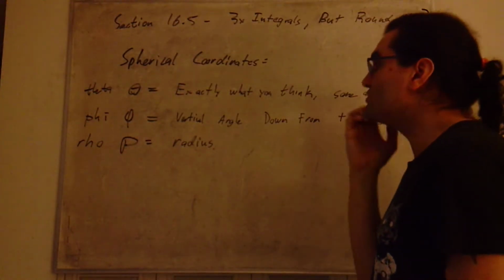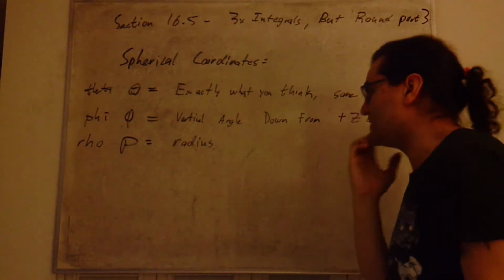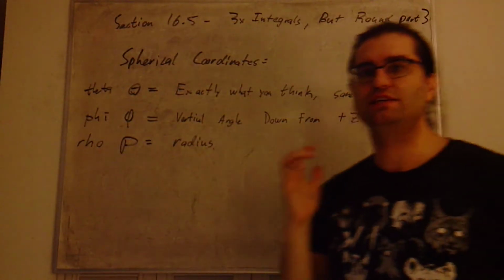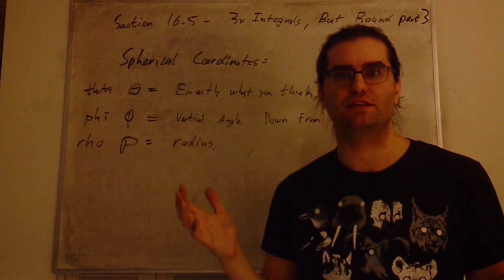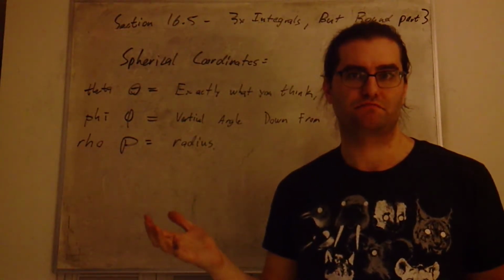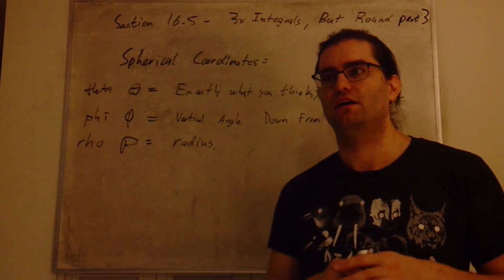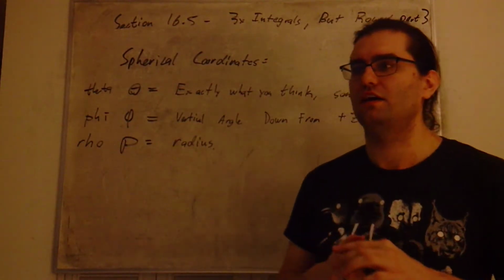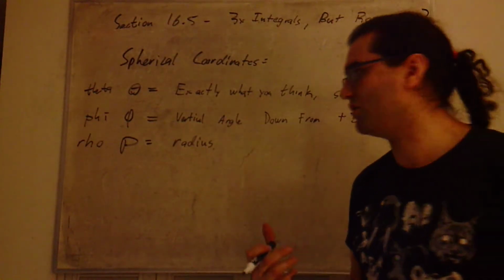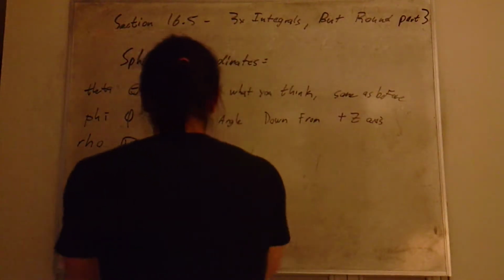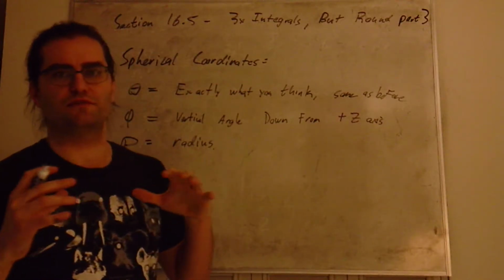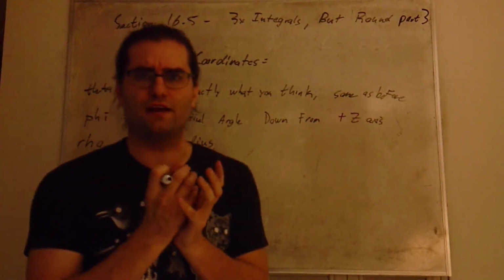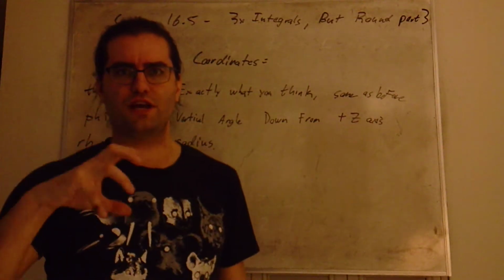And using spherical coordinates like this, it is really, really easy to generate things that are, you guessed it, spheres. If you want to see how much volume is in a tennis ball, sorry, not how much volume. Tennis balls are mostly air on the inside. It's like a rubber shell filled with air.